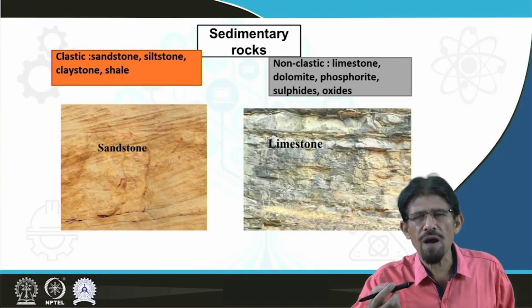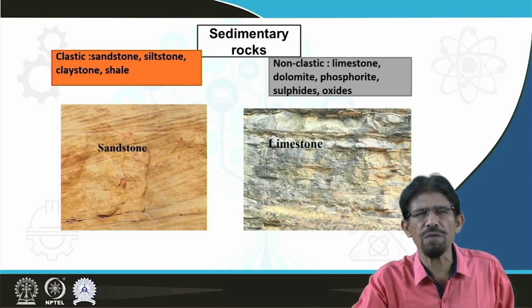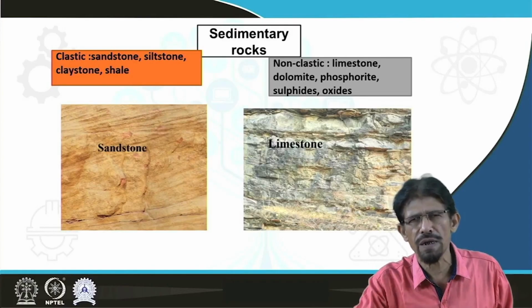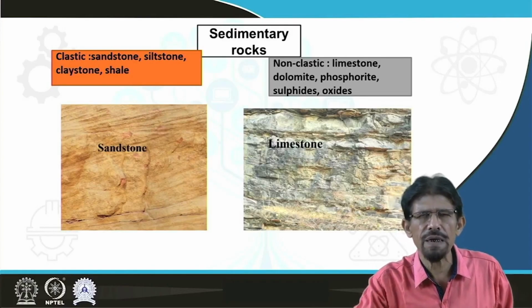In sedimentary rocks, we can see broadly two categories. One is clastic and another is non-clastic. Clastic is mainly due to mechanical action of different geological agencies like water, wind, glacier, etc. And non-clastic is mainly of chemical origin, due to chemical precipitation, and we have examples of limestone, or biochemical, also biogenic limestone, some phosphates, some sulfates, etc. So in clastic rocks we have sandstone, claystone, siltstone, shale.